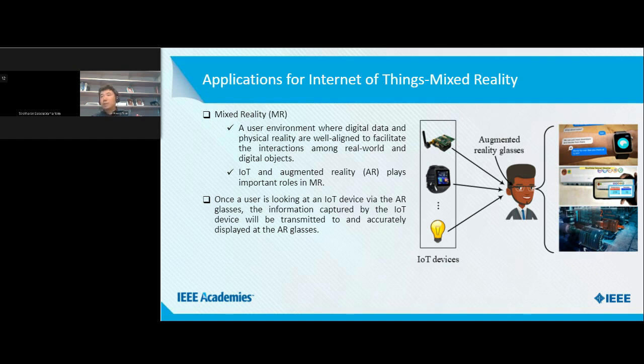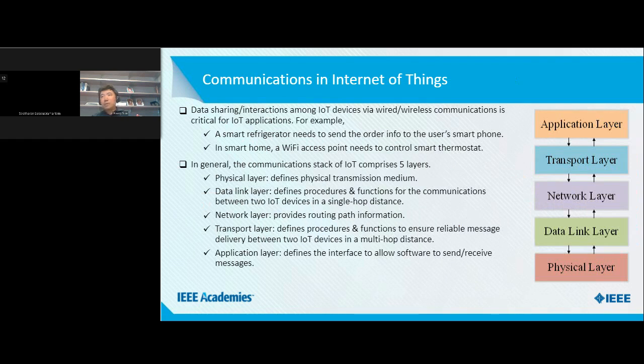So I've mentioned three interesting IoT applications, and from those applications, we can see that communication is very critical in IoT. Different IoT devices have to communicate with each other through data networks to achieve data exchange.